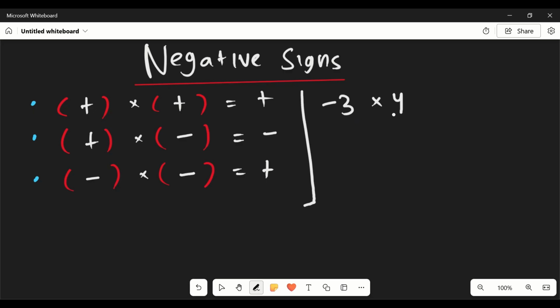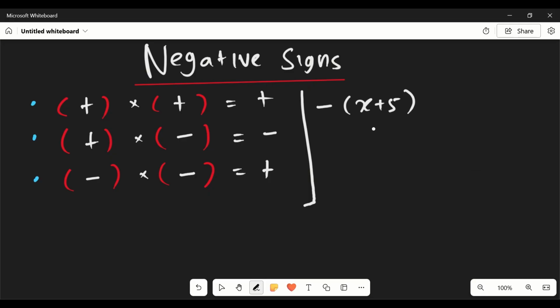First, we multiply 3 times 4, just equals 12, and negative times positive, it's just negative. Negative 3 times negative 4. First, we multiply the number, we get 12, and negative times negative is a positive, or it's just 12.